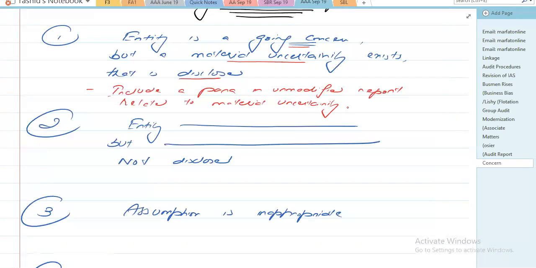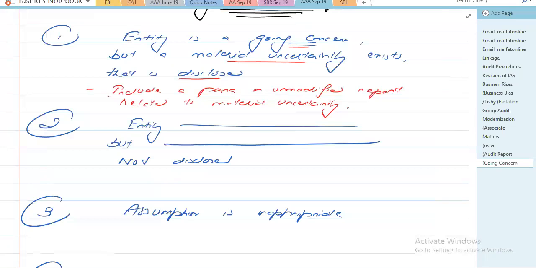The standard has been amended. Previously, when the entity was a going concern, a material uncertainty existed and it was disclosed, we used to include an emphasis of matter paragraph. The problem was that everything is fine, yet including the emphasis of matter paragraph makes the report modified.